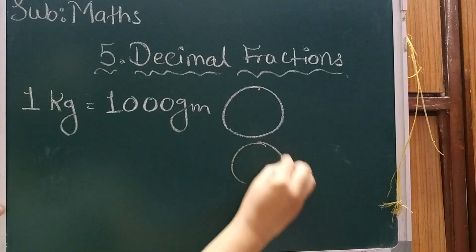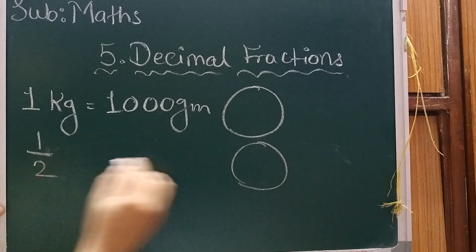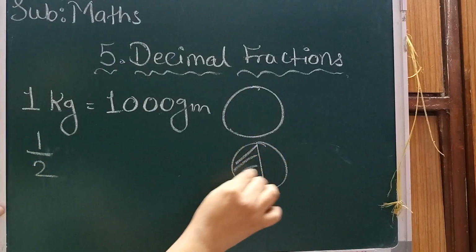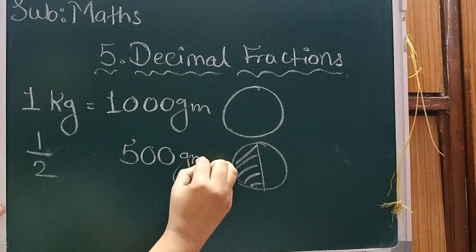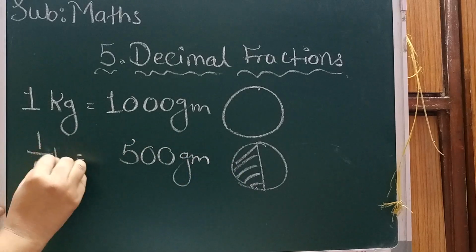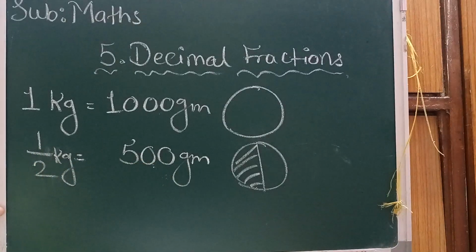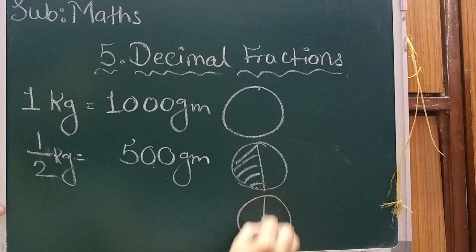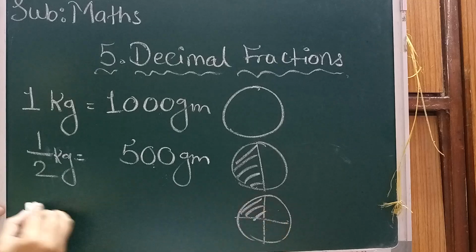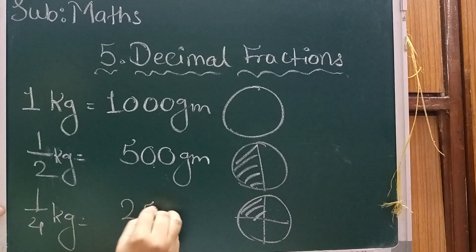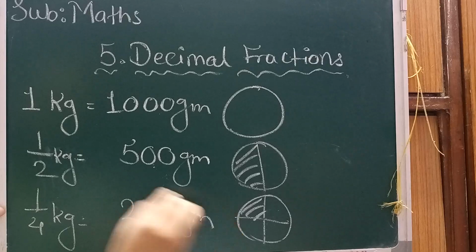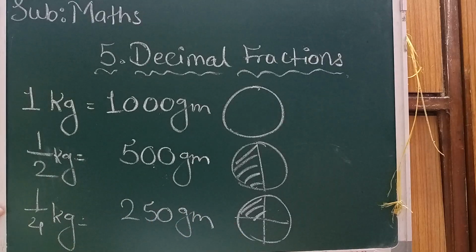If I want half kg, I consider the half part, and that will be 500 grams. Half kg is equal to 500 grams. If I want only the 1/4 part, 1/4 kg will be 250 grams. Likewise, we can convert the values.